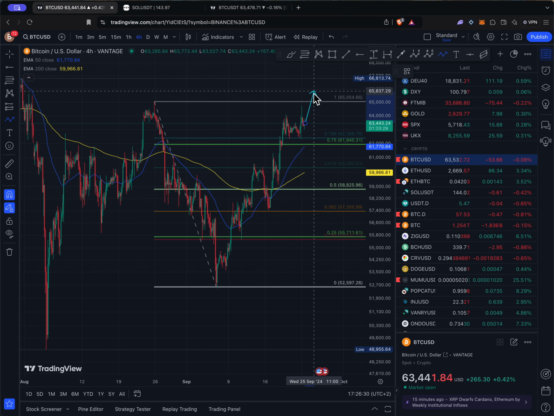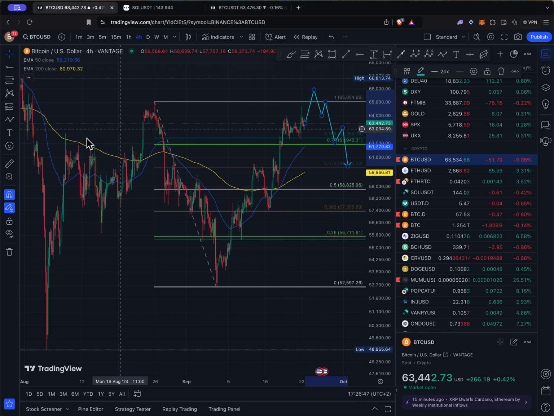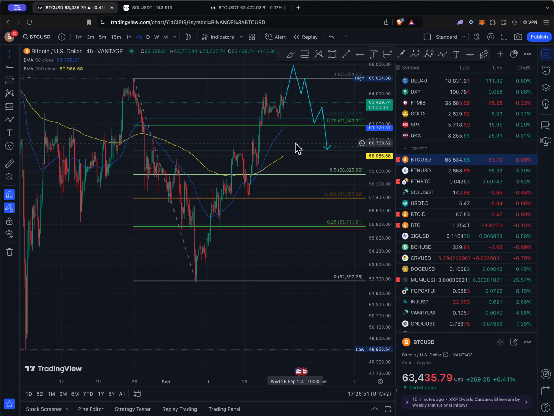I don't know how high, I'm just putting the arrow wherever, and this can be one scenario, something like this. And every level we see here, every order block, we need to watch for the reaction.